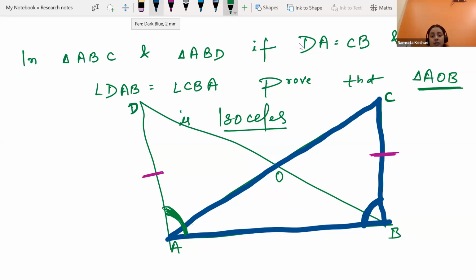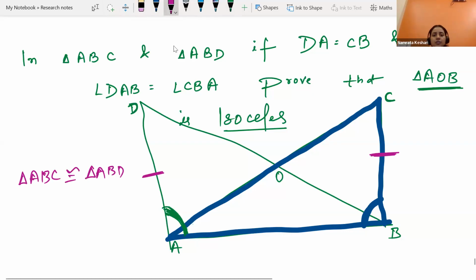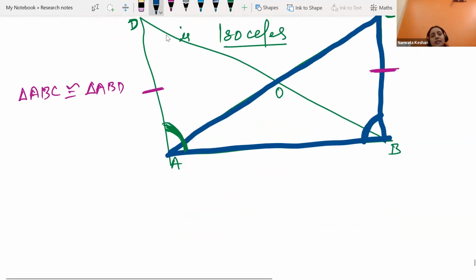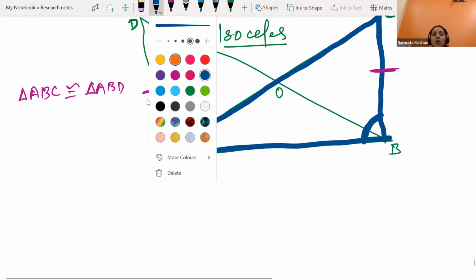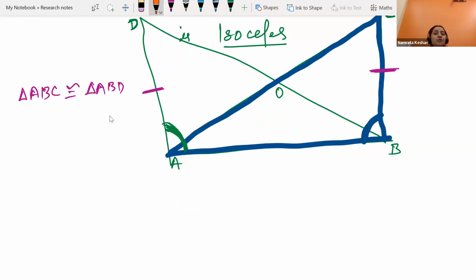Yes, think about it. Irshad, Safia, Sazia. If in any way we prove that triangle ABC is congruent with triangle ABD, is it possible to say that AOB is an isosceles triangle? What does isosceles mean? Isosceles means if we can say two sides are the same, or if we can say two angles are the same.